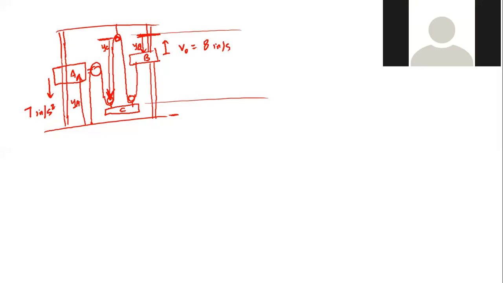The reason that helps is that now I have to add up some of these different distances. So if I'm doing my L equation, how much is this? That's YA. Okay, and then how much in the end is this going to be?